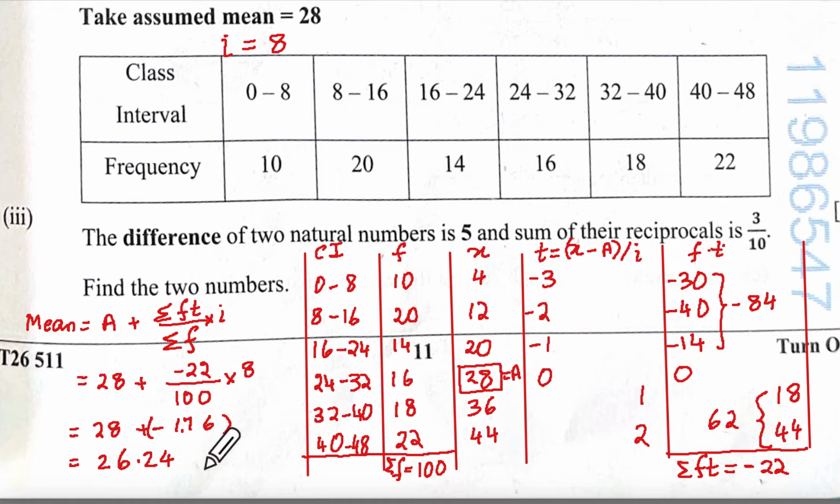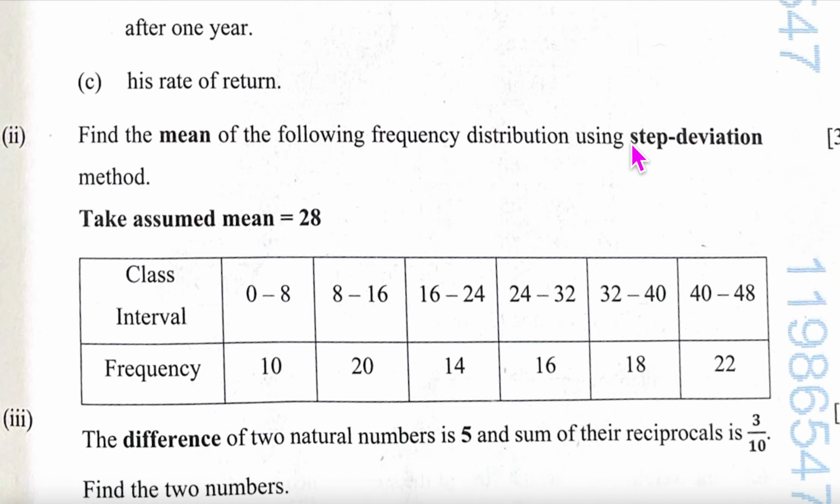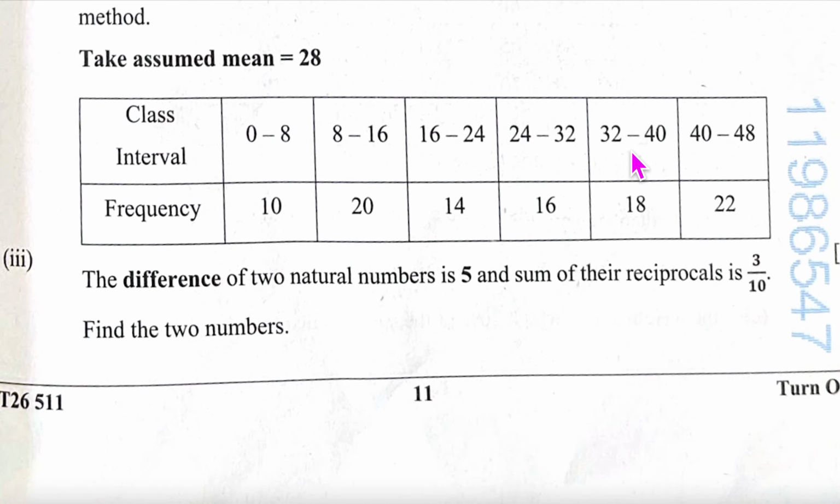Are there any marks or anything? Nothing. So what did they say? Take assumed mean. So you have found this. Alright, and that would be your answer. Alright, is it a 4-mark question or 3-mark question? I forgot to check the marks. It's a 3-mark question.